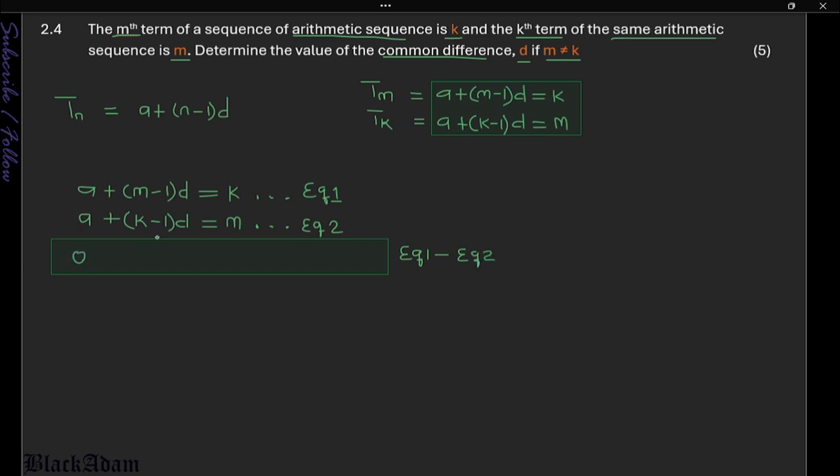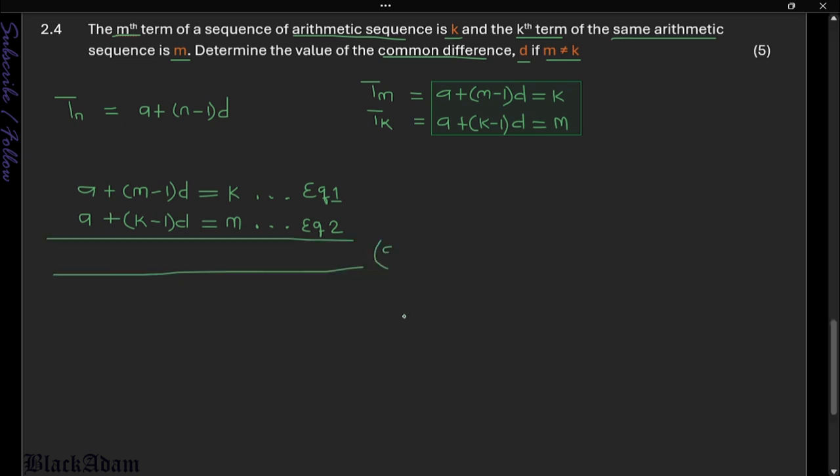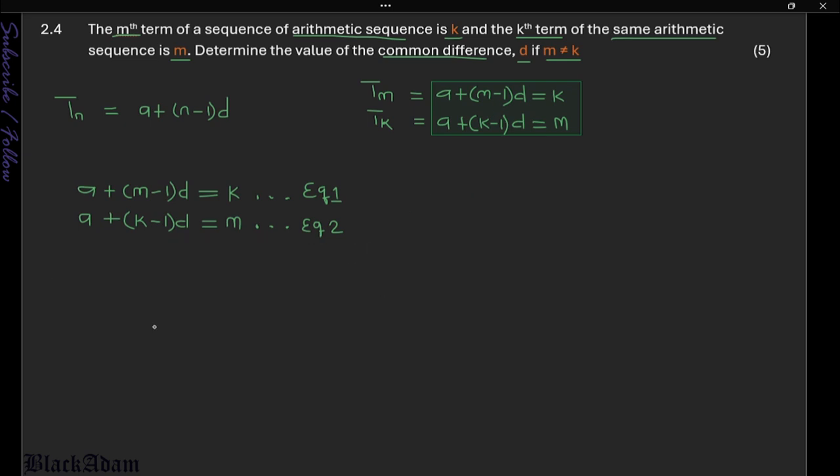Okay, so let us rewrite everything. We're going to say a plus md minus d is equal to k, that is equation 1. And then a plus kd minus d is equal to m, and that is equation 2.